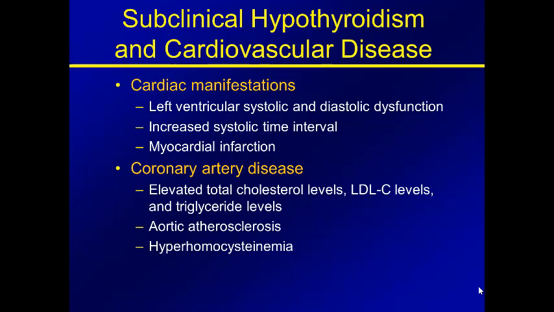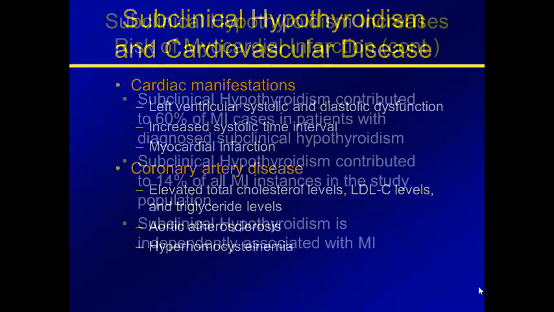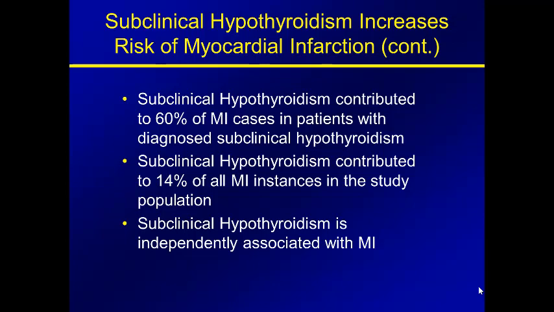Patients with coronary artery disease and underlying subclinical hypothyroidism have elevated total cholesterol, elevated LDL, and triglycerides, with associated aortic atherosclerosis and hyperhomocysteinemia. Subclinical hypothyroidism increases the risk of myocardial infarction.